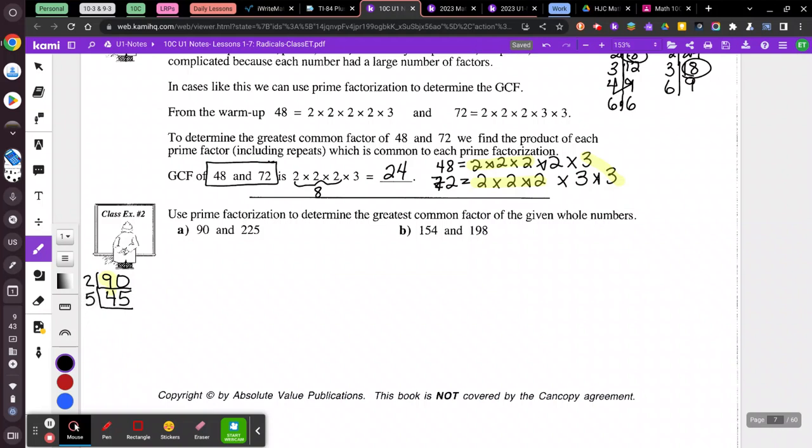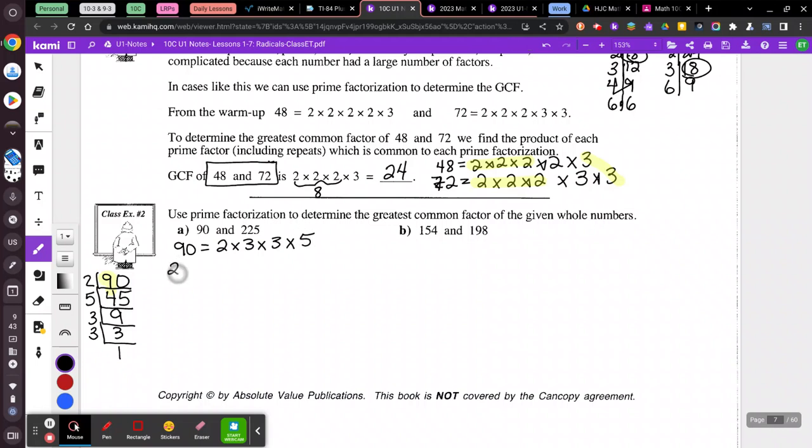It ends in a 5, and I'm going to get a 9. 9 is going to divide by 3, and I get a 3 and a 1. So now my prime numbers for 90, smallest to biggest, are 2 times 3 times 3 times 5.